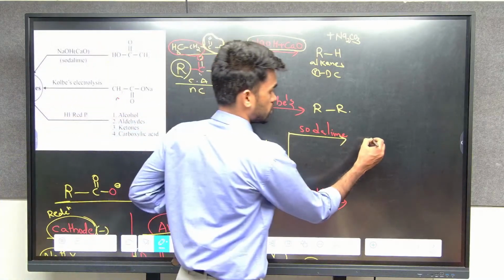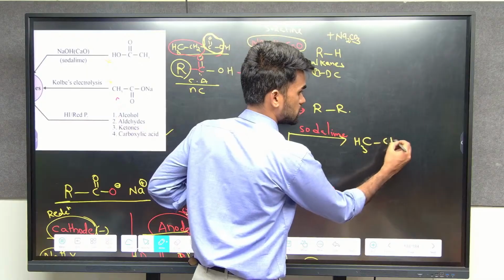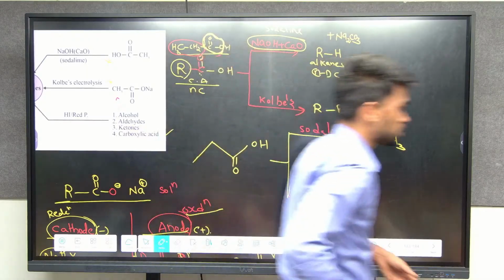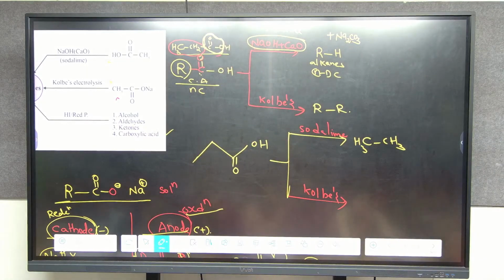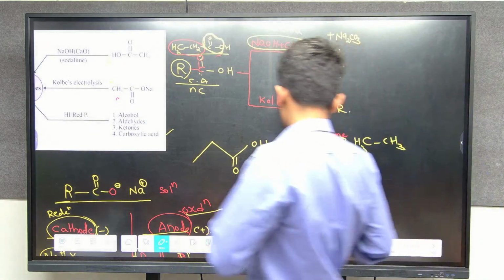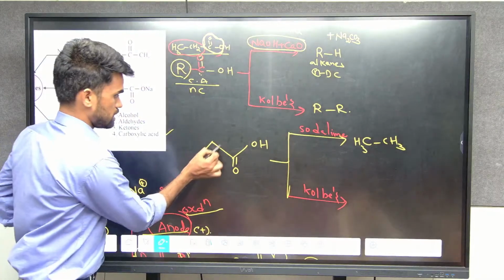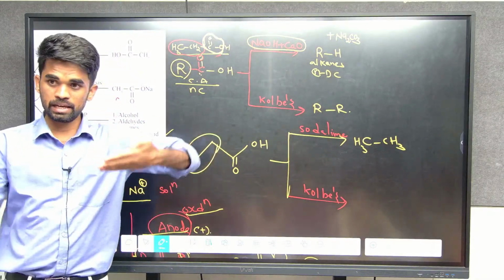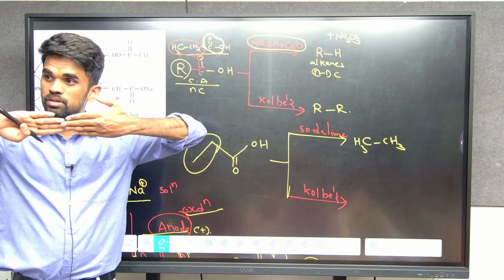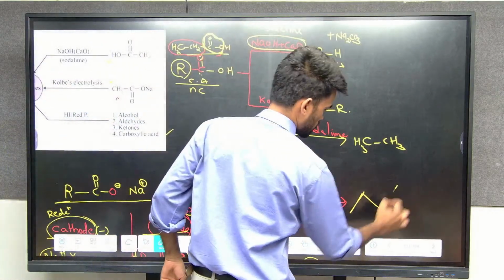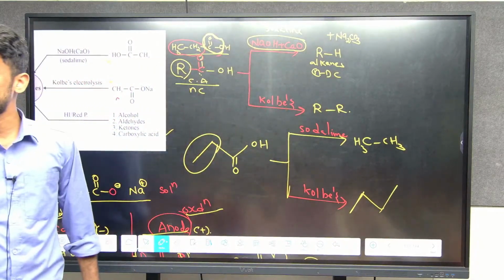That is ethane, CH3, CH3. What about this one? Kolbe. What is this product? This is alkyl group now. Ethyl, ethyl. But. That's it. Has everyone got this?